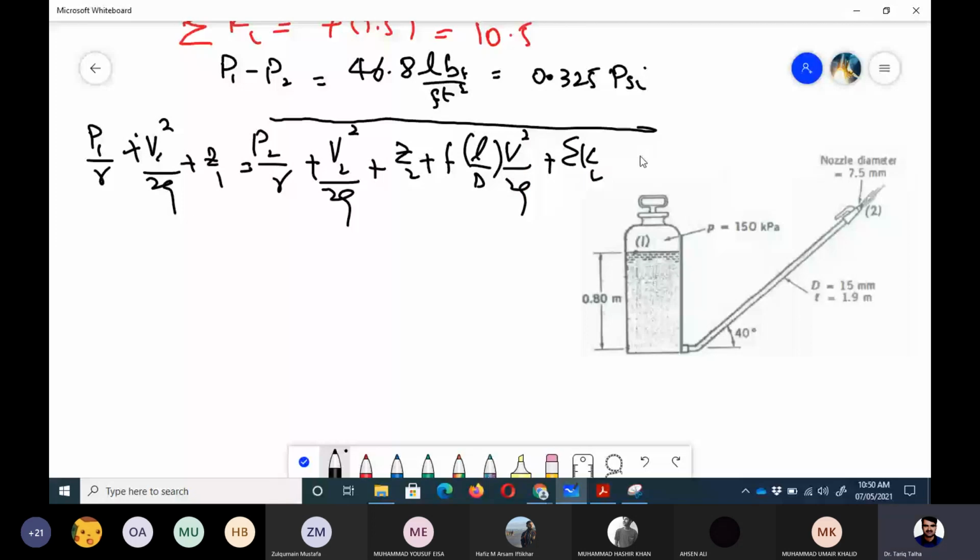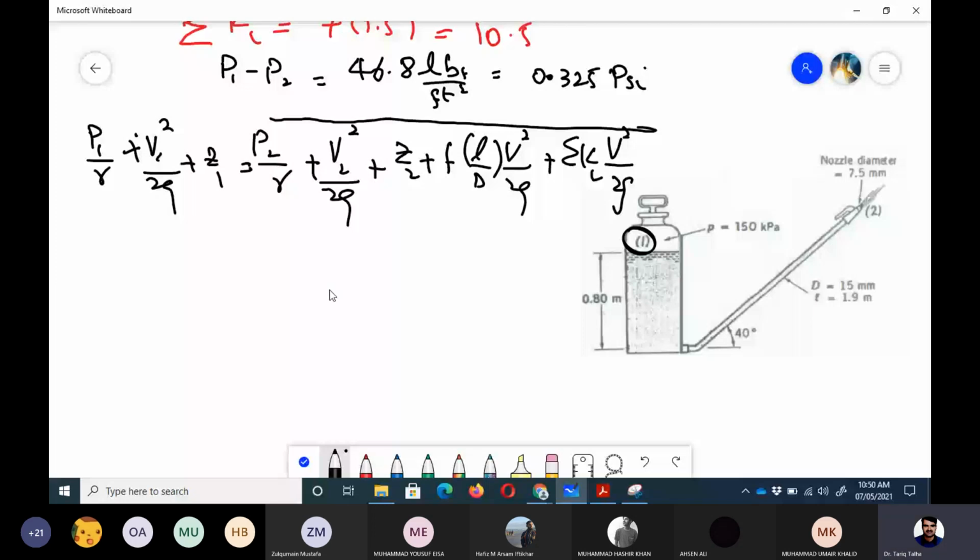So first of all, we need to see what these values are. So P1 would be equal to, in this case, 0, because if you see that P1 location is this. Because this is a gauge pressure when we talk about it, so P1 would be equal to 0.